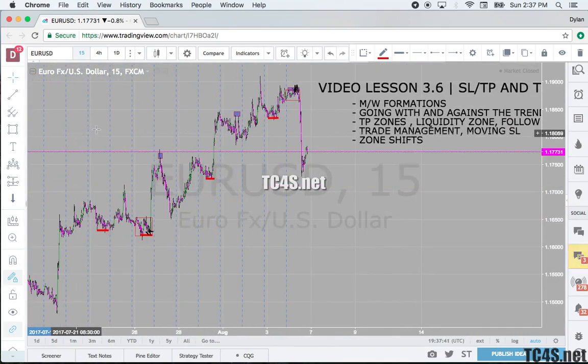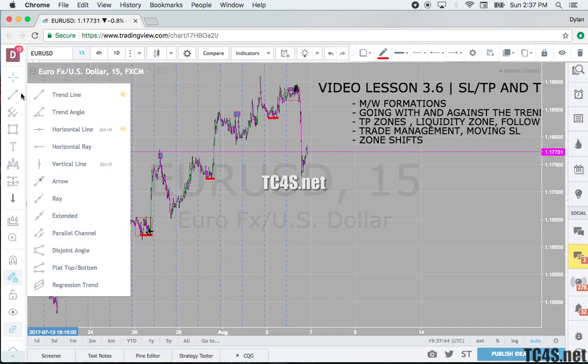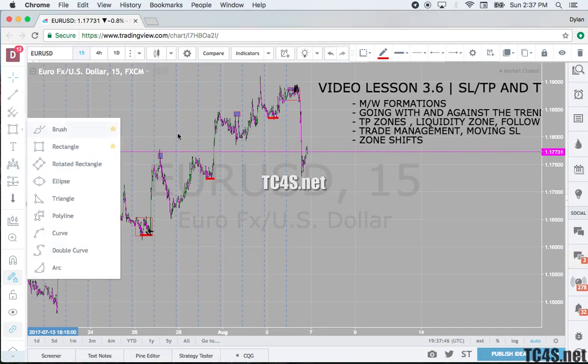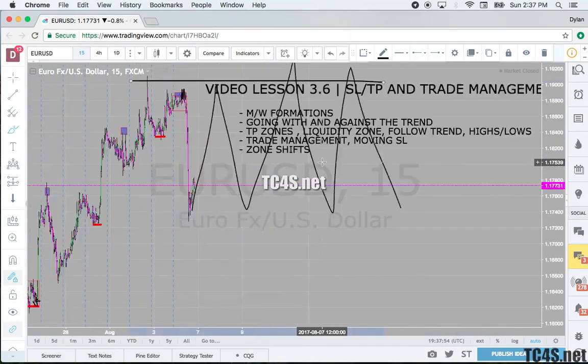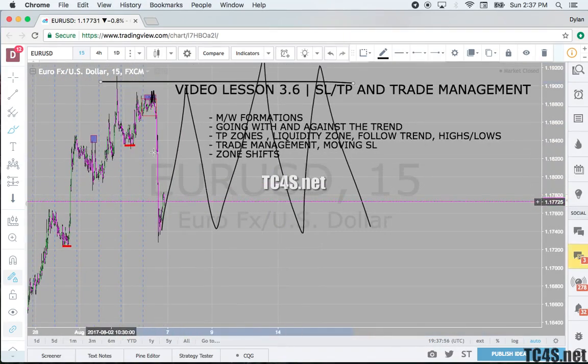So for example, if price does not break this high and continues to consolidate for over a week or two or three or a month or two months, then expect a reversal.